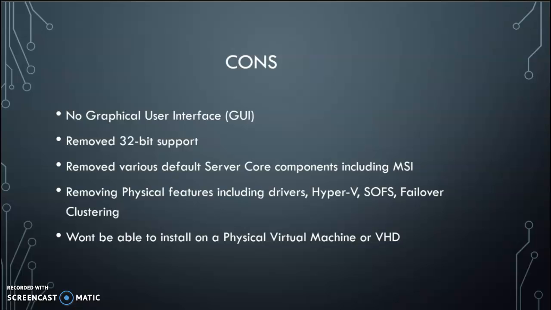And now it's removing these physical features and not being able to be on physical or virtual machines and things like that. And you would think, being such a lighter, almost core version of its bigger brother, Windows Server 2016, it would still have 32-bit and be able to work with it.